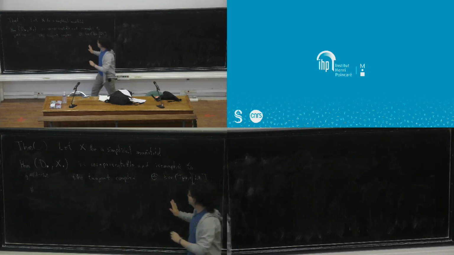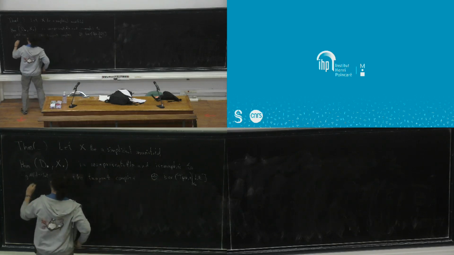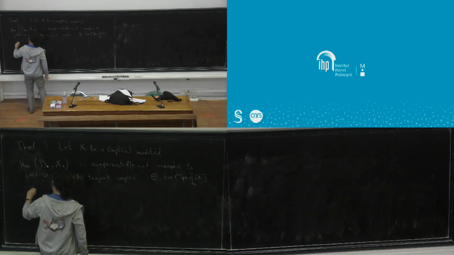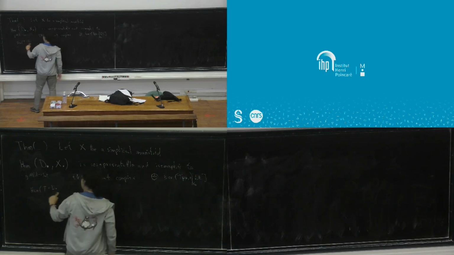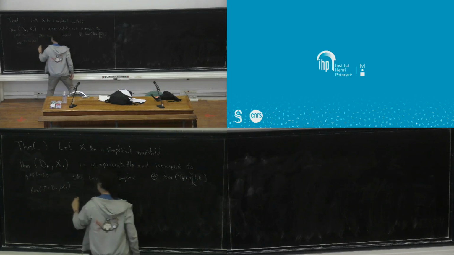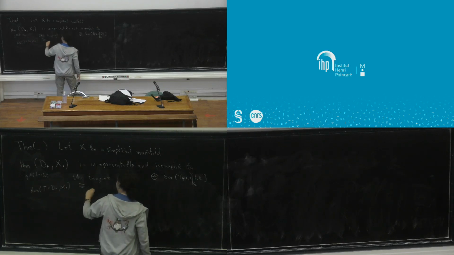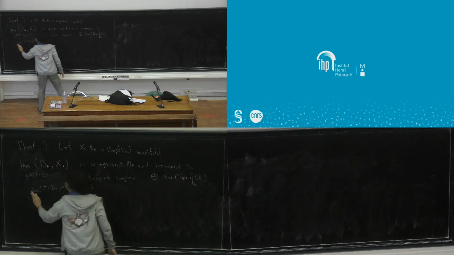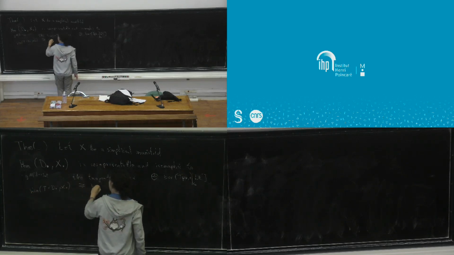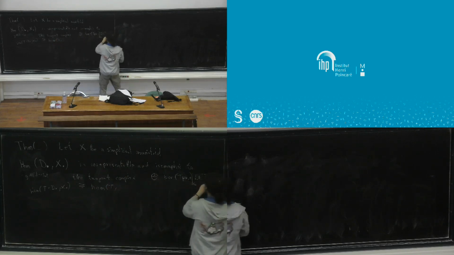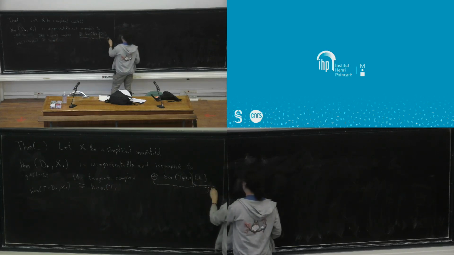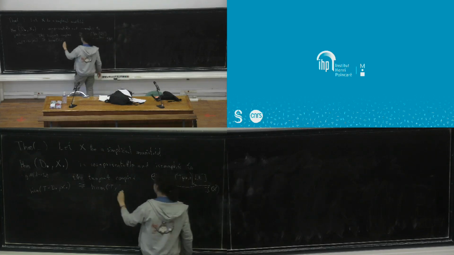I'm not very good at the co-lingo, so just dualize wherever you need. I'll write it down. So hom of t times d to x is supposed to be naturally isomorphic to hom from t to this thing, which I'll call thoroughly t of x, because there are not enough t's in the business yet.